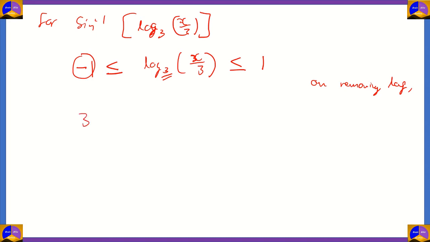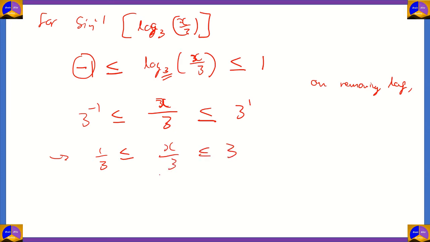So that means 3 raised to minus 1 less than or equal to x by 3, since the logarithm is gone. So less than or equal to, the right hand limit also becomes base raised to current limit. So that means 3 raised to 1, which is 3. So therefore 1 by 3 less than or equal to x by 3 less than or equal to 3.